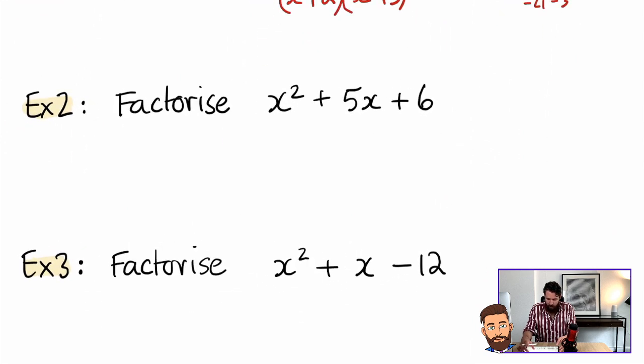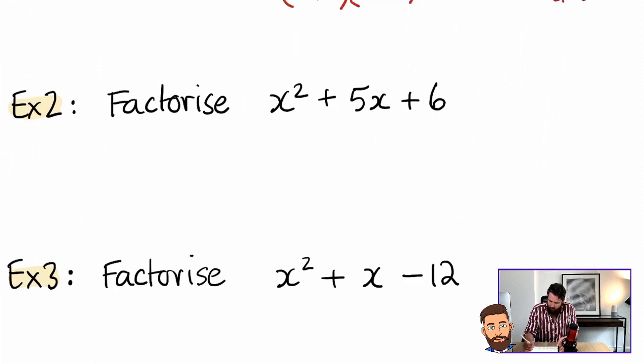Let's leave the 5 as it is, and we'll make this over here 4, okay? We'll make this 4.